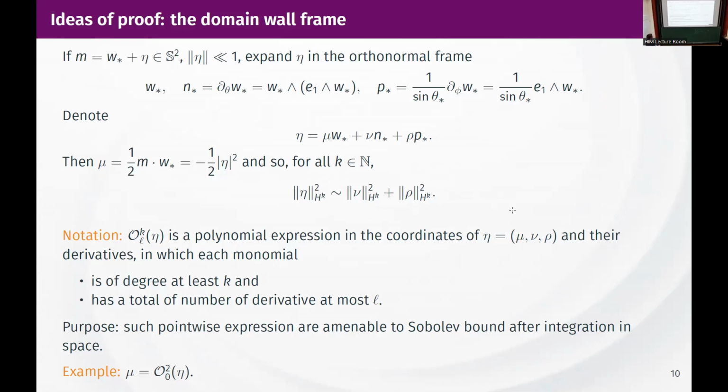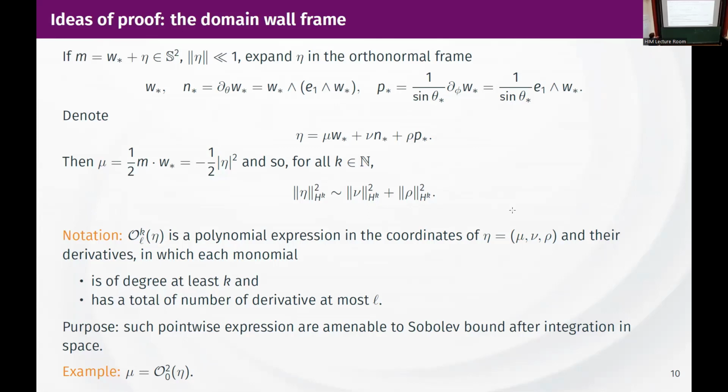Okay. In the next slide, I will detail some other bounds, and I'd like to introduce this notation, big O, with two indices controlling the usual notation. One index is for the degree, so k equals 2 is quadratic, 3 is cubic, etc. And the other index L is the number of derivatives that I'm allowed.